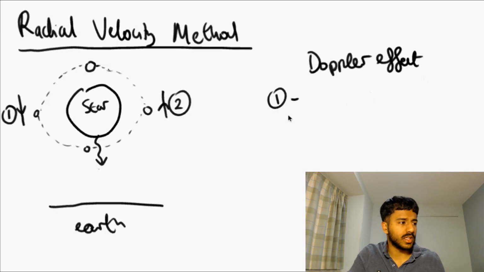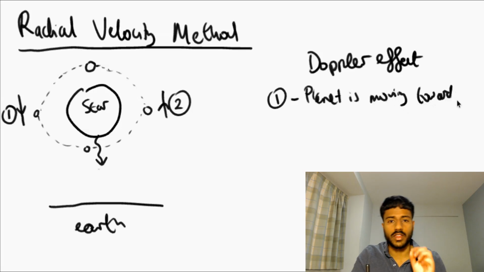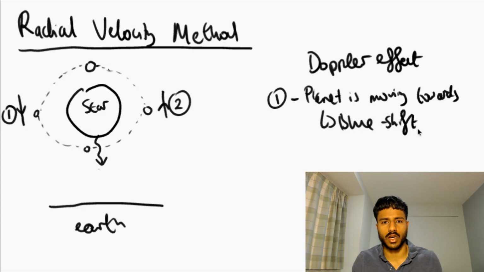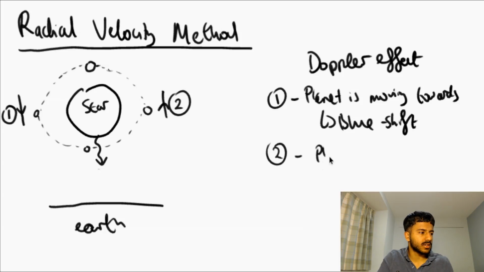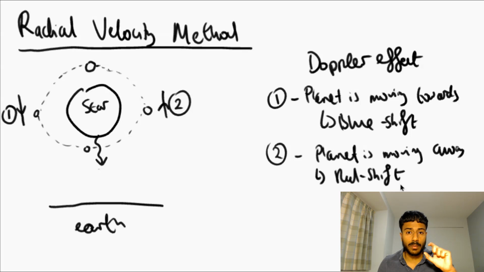At point 1, the planet is moving towards the Earth, and therefore it will cause a blue shift in the received spectral lines. At point 2, the planet is moving away, so we get a red shift.